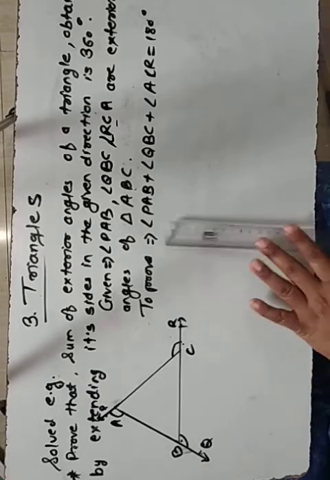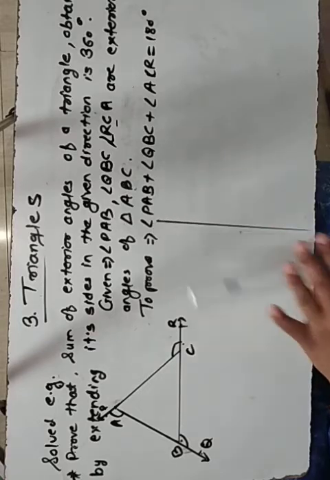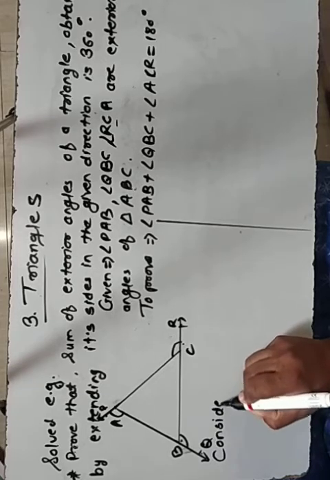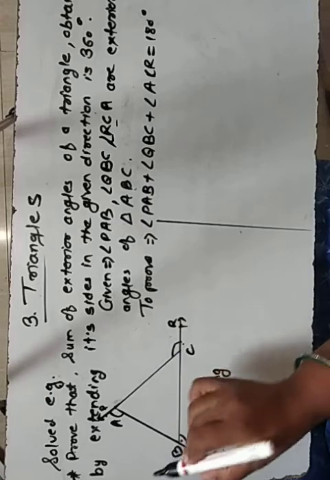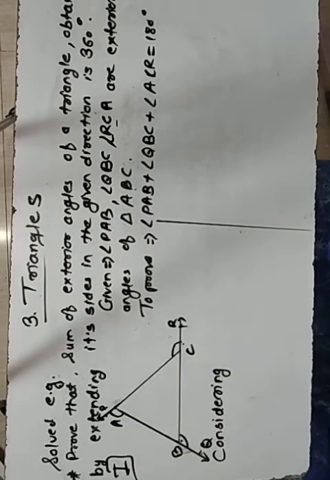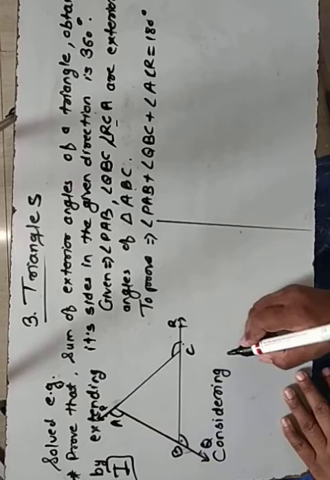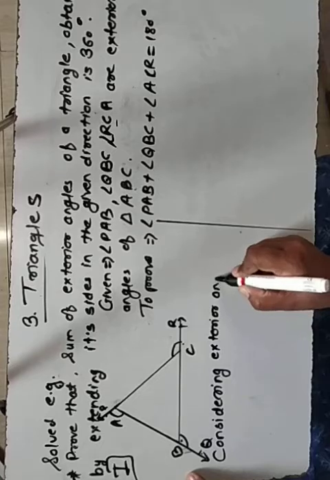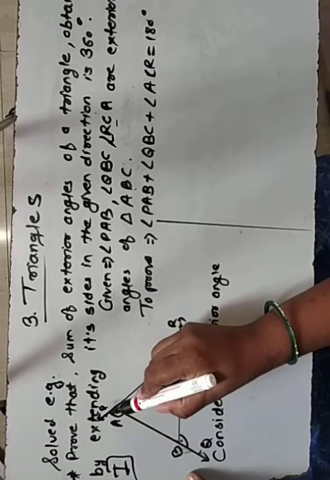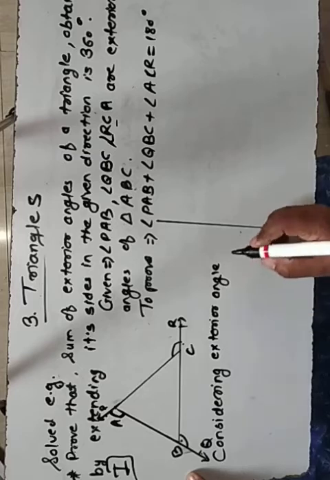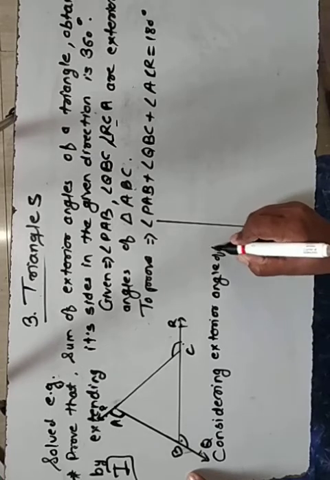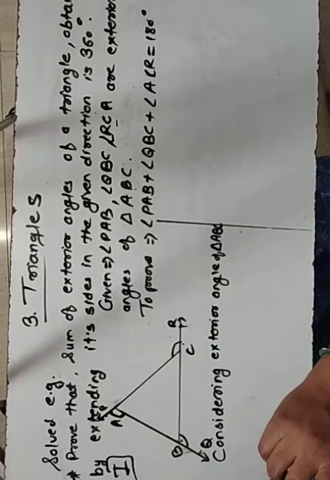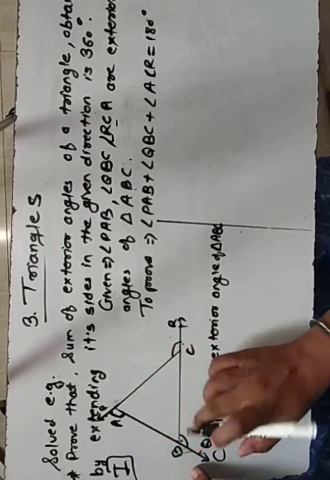This is method 1, whatever we are solving. Considering the exterior angle PAB of triangle ABC, as we know, the exterior angle PAB is equal to the sum of the remote interior angles.